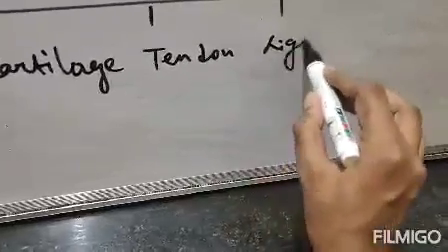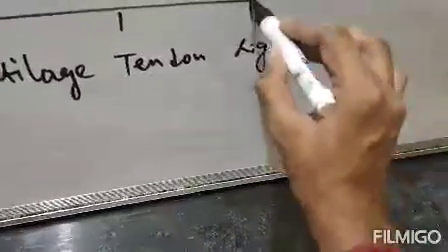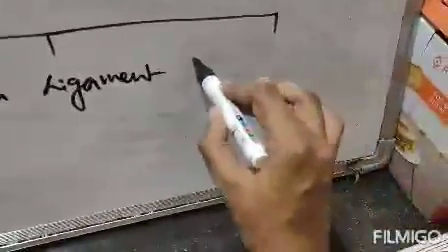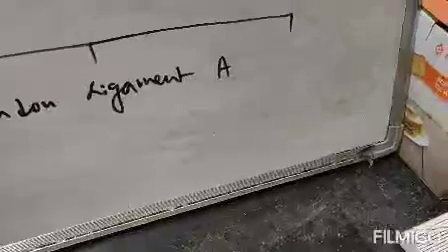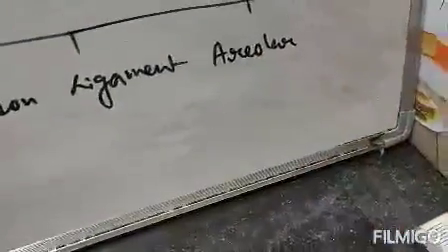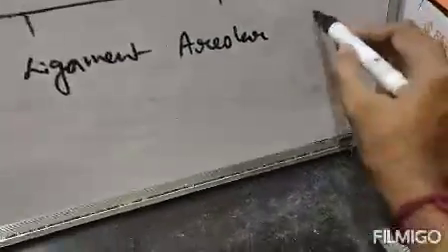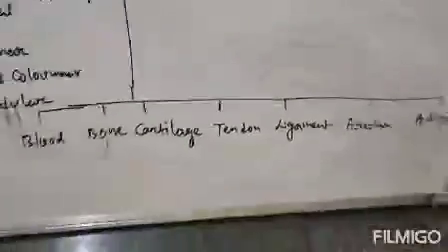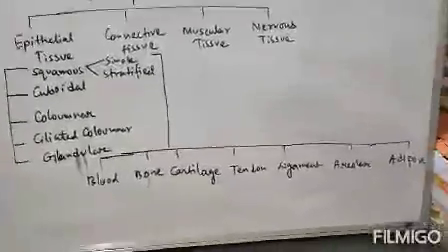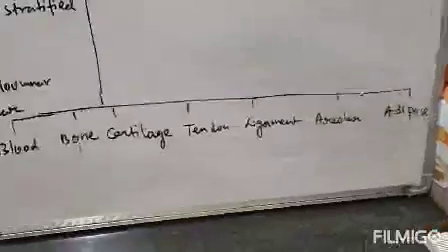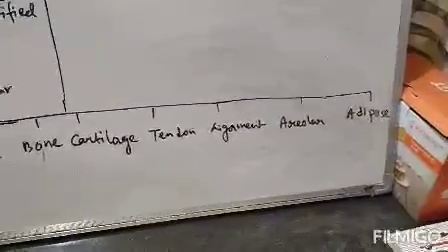Fifth is ligament. Sixth is areolar. And the last, the 7th one, is adipose. So this is the classification of connective tissue: blood, bone, cartilage, tendon, ligament, areolar and adipose. Clear?